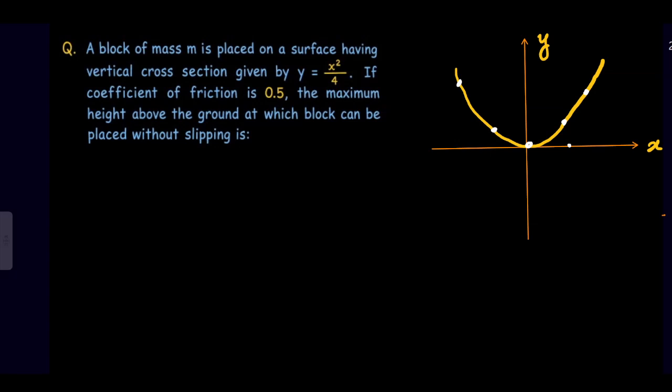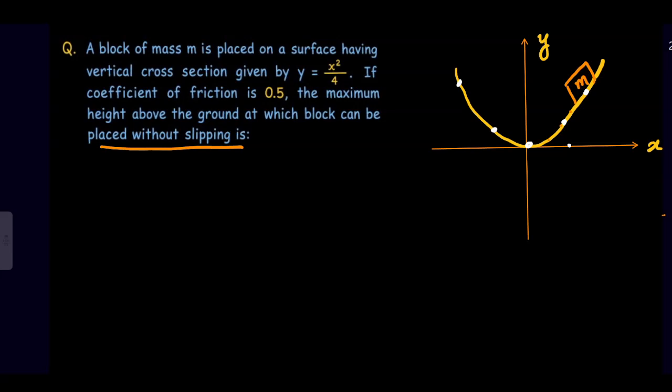So here a block of mass m is placed on a surface having a vertical cross section like this. A block is placed like this. Imagine. That's what they are saying here. The maximum height at which I need to place it, either here, here, here, such that the block stays without slipping.